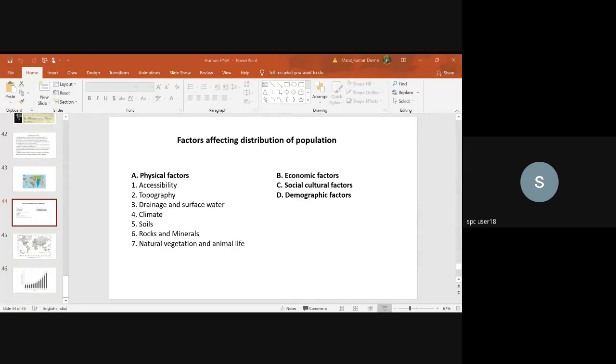Then you have migration for the purpose of education. Many of you are living in different parts of Maharashtra, but you have got yourselves admitted into SP College, and had this been an offline class, we would have been in a classroom and you would have been living with some of your relatives in Pune, or some paying guest or some hostel somewhere.